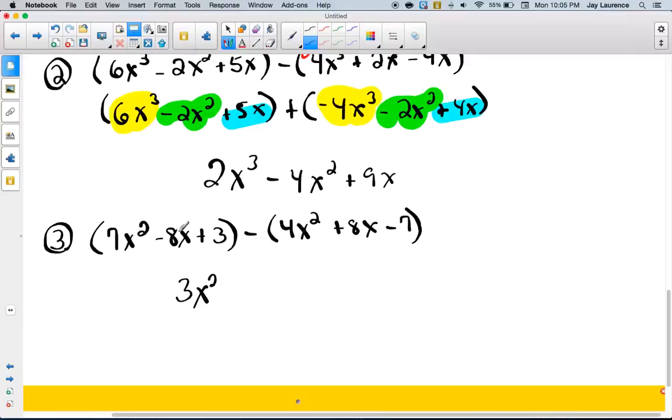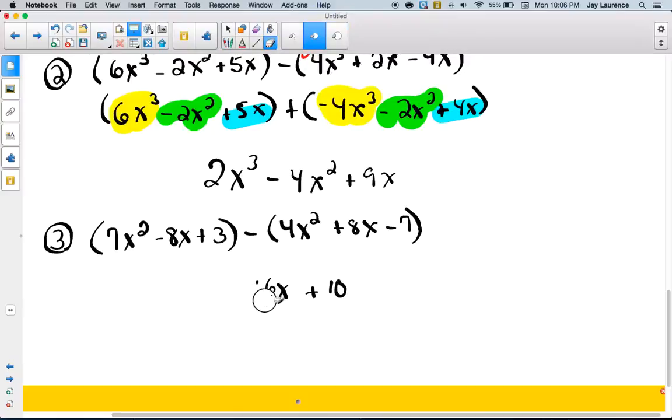Then for x terms, I think I'm going to have minus 16x, because I have negative 8x minus 8x. Right? And then I'm going to have plus 10. So, if you got that answer, you go ahead and quit paying attention, and you go ahead and get started on the homework, Excel 8.1.